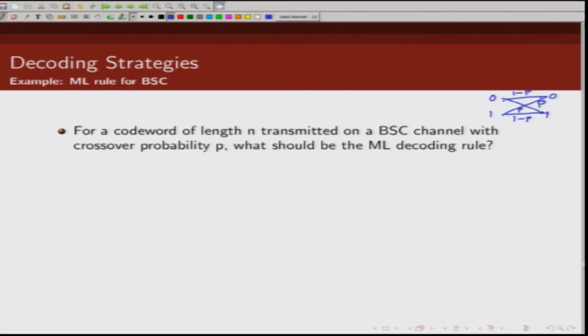The question I am asking is, if a code word of length n is transmitted over a binary symmetric channel whose crossover probability is p, what should be my maximum likelihood decoding rule? So, how do I solve it?